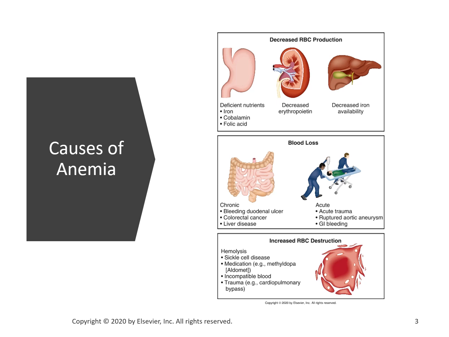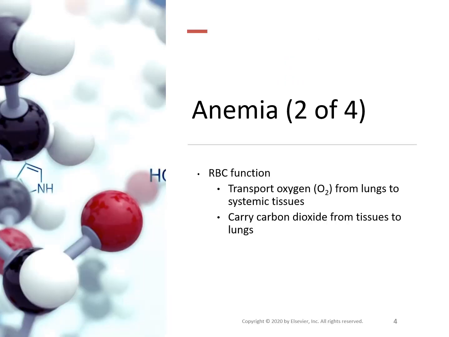Blood loss, so if there's acute bleeding, usually through the GI system, or could be because of trauma. And then increased RBC destruction, so if there's increased hemolysis, and some of those are sickle cell disease, medications, incompatible blood and trauma again. So those are causes.